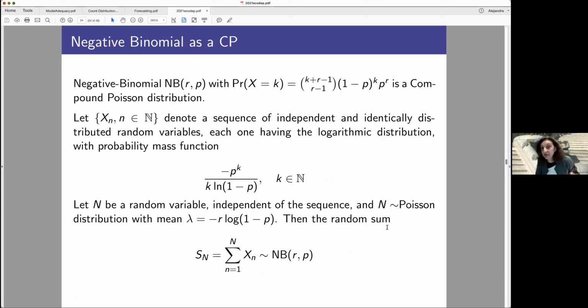In particular, the negative binomial, which is the easiest model for over-dispersion in a count series, is a member of the compound Poisson family, being the sum of a sequence of independent random variables with this probability mass function. So, negative binomial is a compound Poisson.